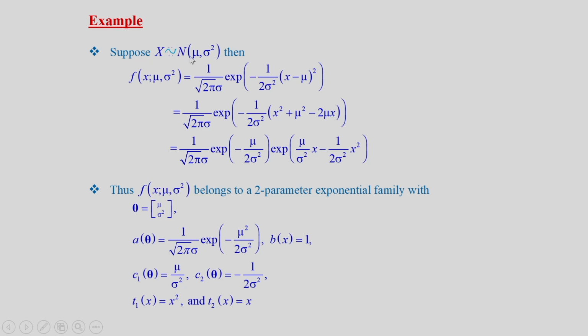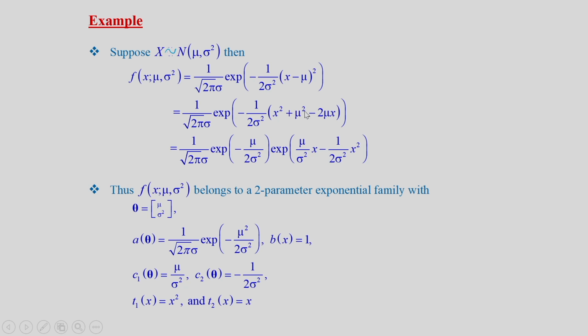We will see one example. Suppose x is a normal distribution with mean mu and variance sigma square, and mu and sigma square are unknown. Then the PDF we can write like this: f(x, mu, sigma square), a function of mu and sigma square, is equal to 1 by root over 2 pi sigma into exponential minus 1 by 2 sigma square into (x minus mu) whole square. So this we can write as 1 by root over 2 pi sigma into exponential minus 1 by 2 sigma square into (x square plus mu square minus 2 mu x).